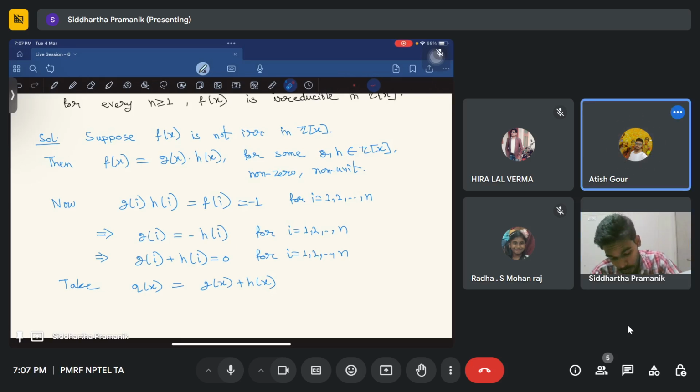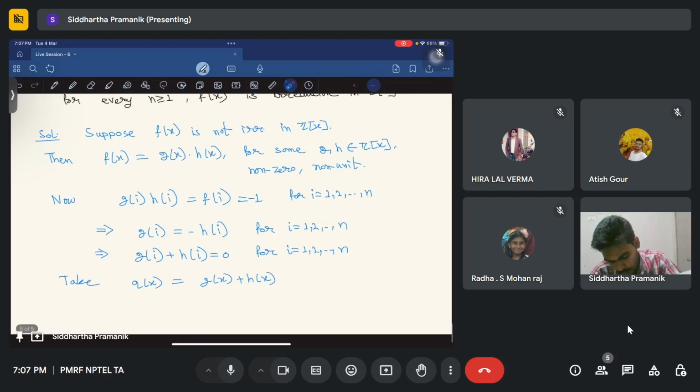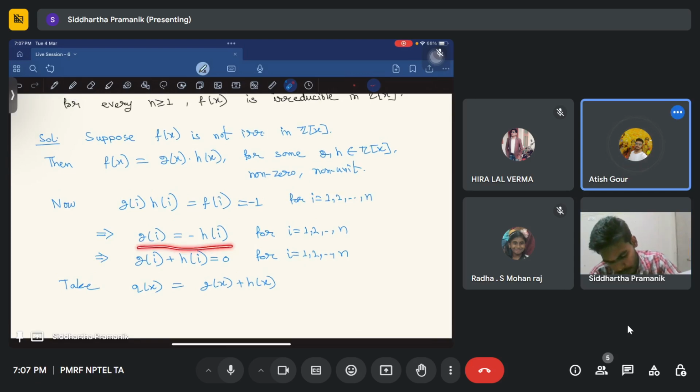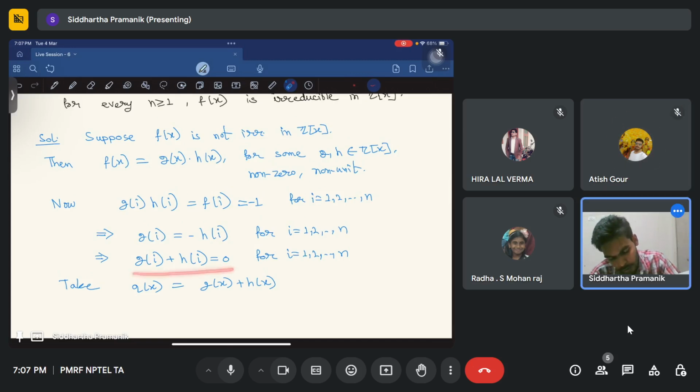It would be 0 because g(i) is equal to minus h(i). Yes, but why? So from g(i) plus h(i) being 0 for i equals 1 up to n, how can you say that this polynomial is 0?